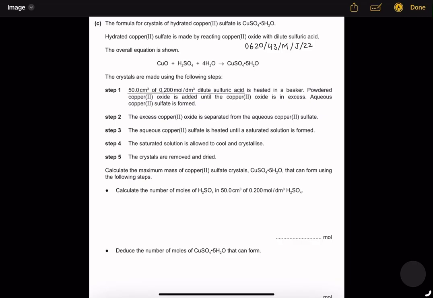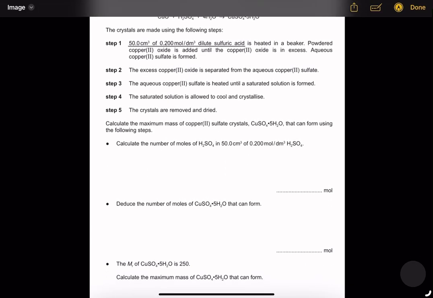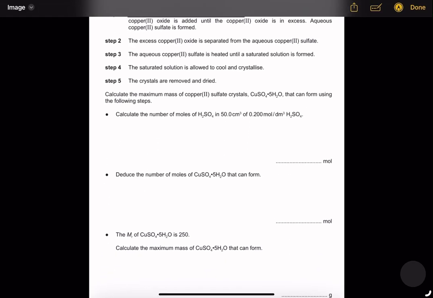Powdered copper oxide is added until the copper oxide is in excess. Aqueous copper sulfate is formed. The excess copper oxide is separated from the aqueous copper sulfate. The aqueous copper sulfate is heated until a saturated solution is formed. The saturated solution is allowed to cool and crystallize. The crystals are removed and dried. Calculate the maximum mass of copper sulfate crystals CuSO4.5H2O that can form using the following steps.